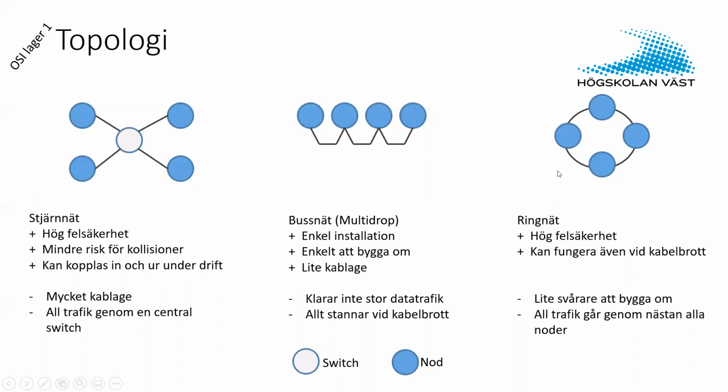So you can reach all nodes even if one link goes down, and that's really good because you sometimes need that fault tolerance to get better reliability. So ring networks are actually very common to use if you have more critical systems.